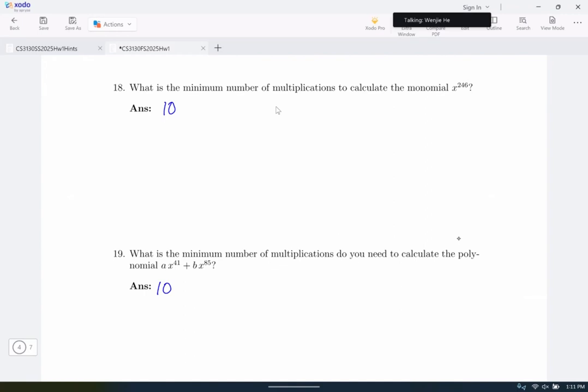The reason all those students gave me the answer 12 for this one is that they used repeated squaring, or binary exponentiation. We do the binary representation based on 0, 1, then do the multiplication.